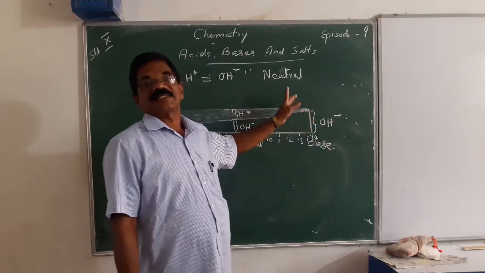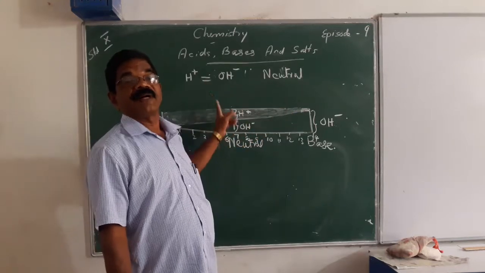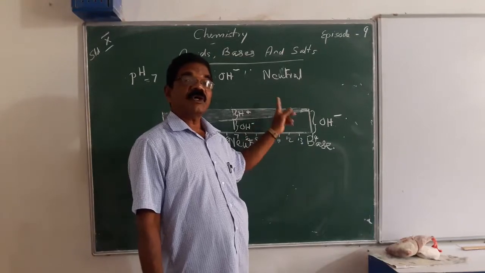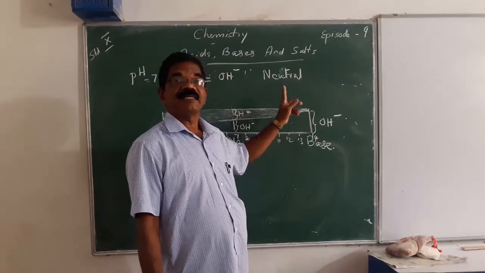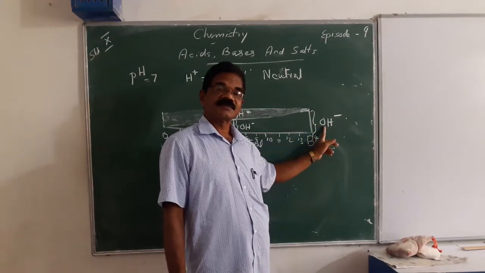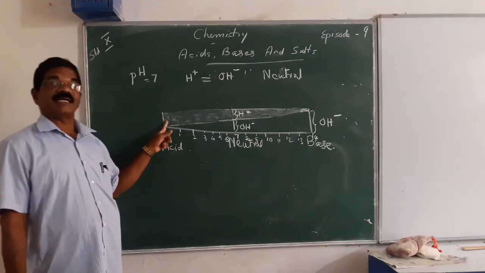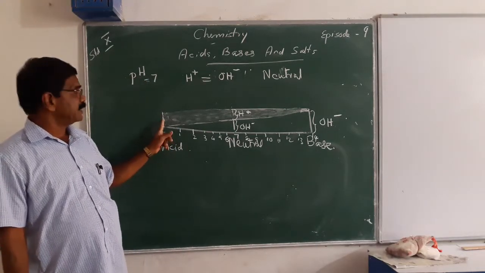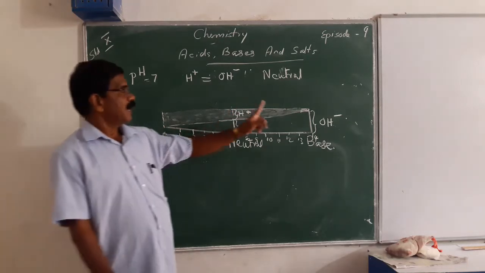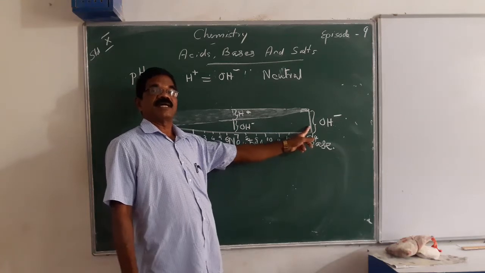The strength of an acid depends upon the number of hydrogen ions. Similarly, the strength of a base depends upon the number of hydroxide ions. The strength of an alkali, or the base, depends upon hydroxide ions.